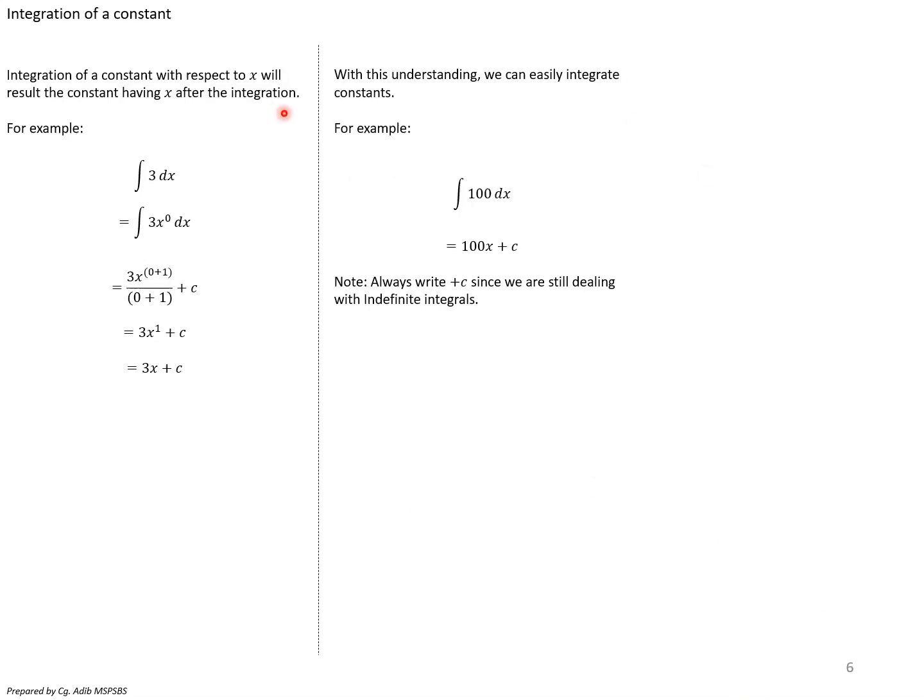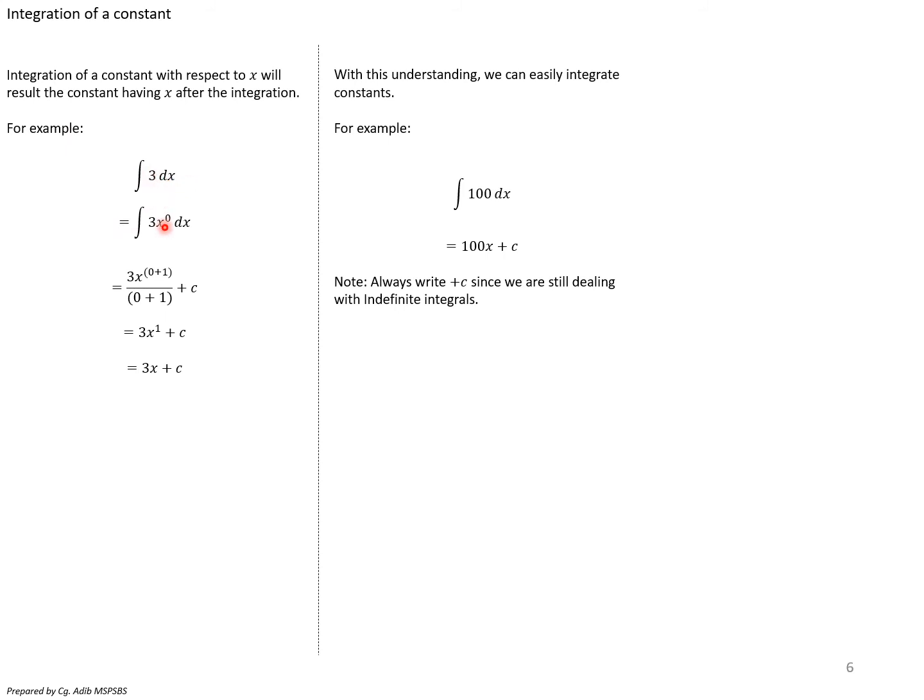So if you have a constant, for example 100, if you want to integrate 100, it will become 100x, that's it, plus c. Okay, the reason behind it is explained here. So for example, we want to integrate 3 with respect to x. So this is not a function, this is a constant.